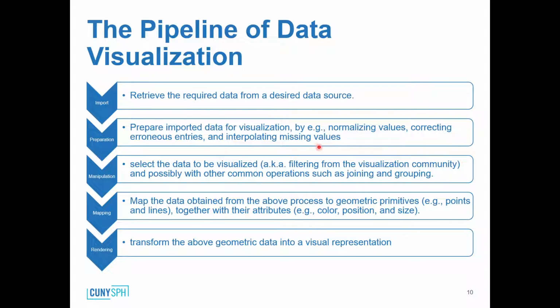And then from there we go into manipulation, and that manipulation is about how we are going to select the data that is going to be involved in our visualization. If we are going to have some kind of filtering, and what are going to be the types of operations that we want to do with that data that we are going to visualize.